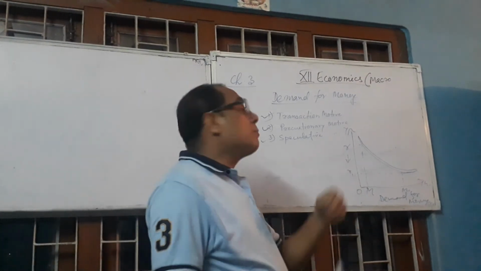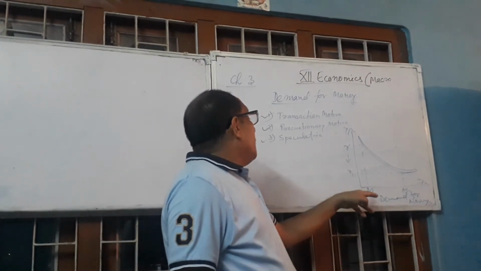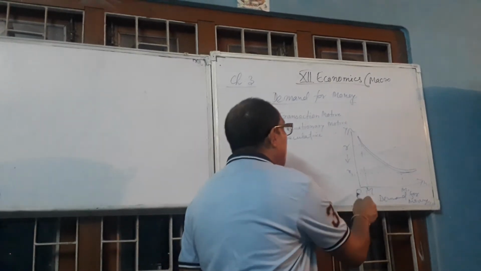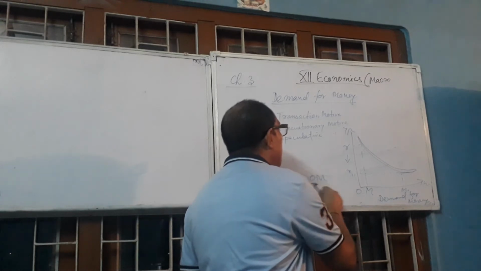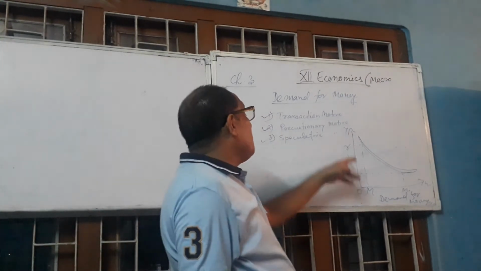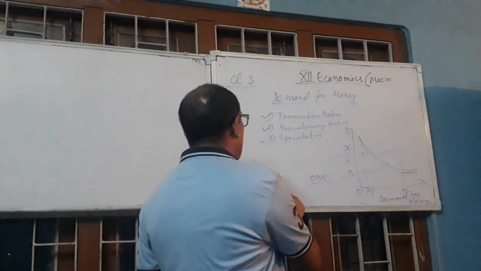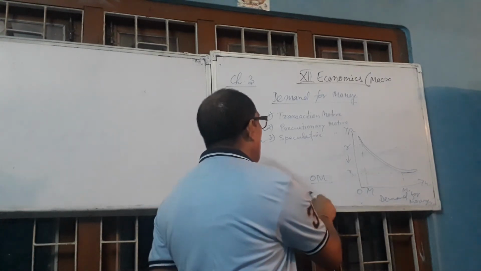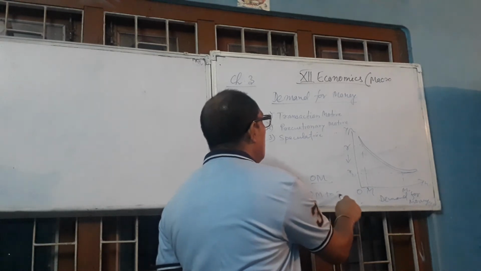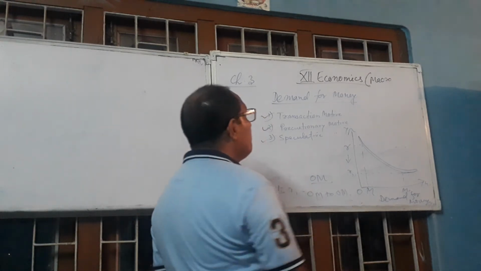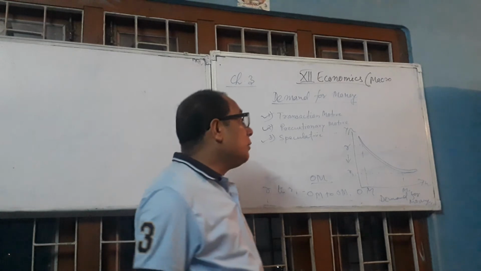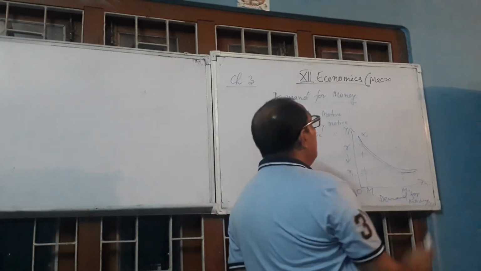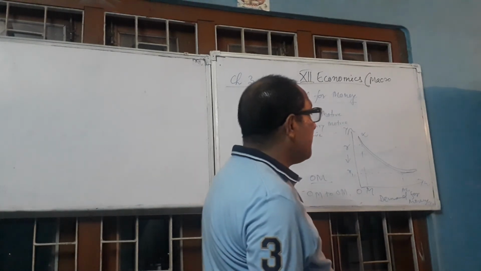If the rate of interest is very high, the demand for money is only OM. If the rate of interest decreases from R to R1, the demand for money increases from OM to OM1. So this proves that the speculative demand curve, which runs up to infinity, has a negative slope.